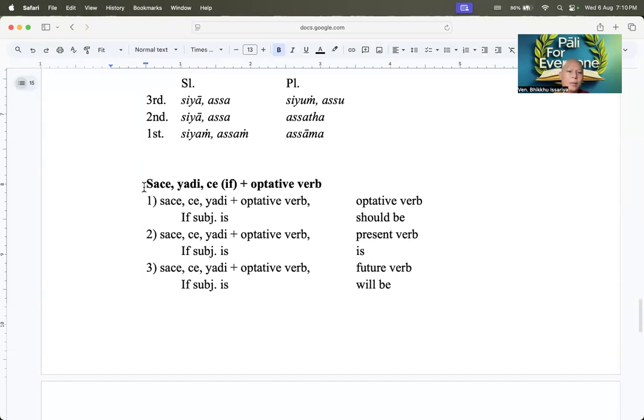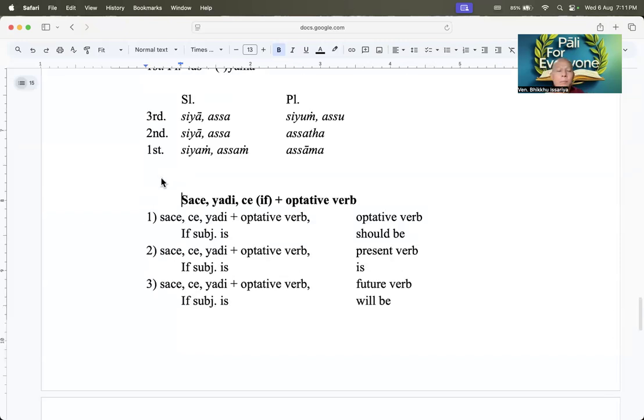So with that, here we have the two sentence structures.